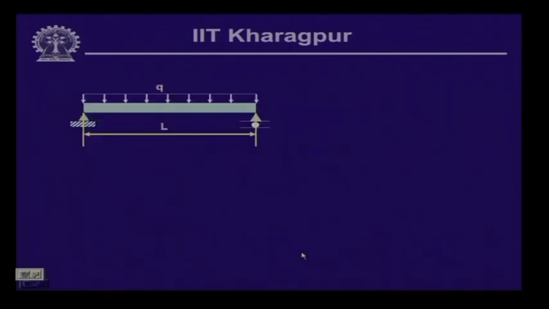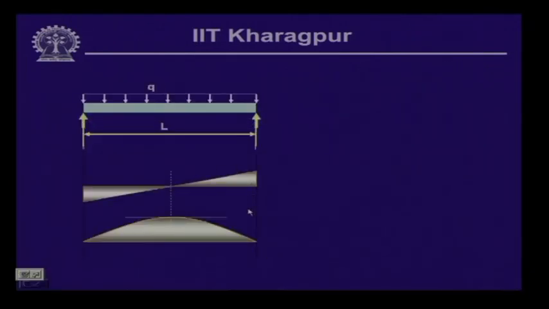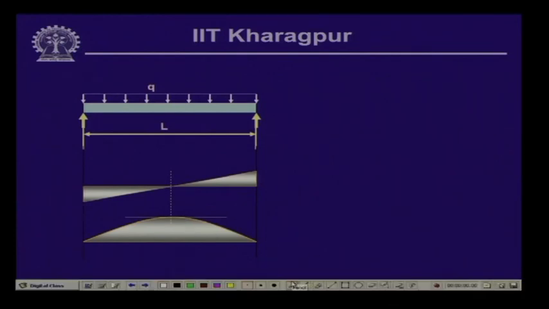Now, this is the diagram of the shear force and the bending moment as we have evaluated right now. This is the shear force diagram, which is negative here and positive here, and this whole thing is positive. Please note over here that at L by 2 the tangent to the bending moment diagram is horizontal, and correspondingly the shear force value here is 0.